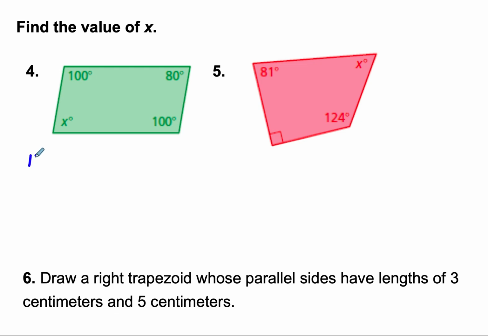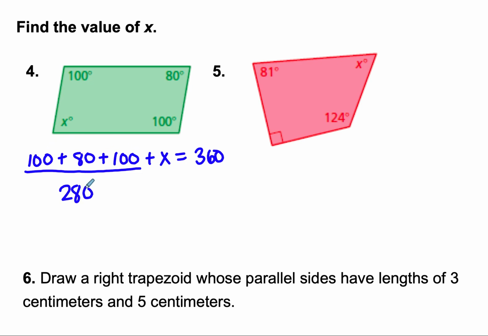So for number 4, I'm going to write out all of the angles here. Plus x, and it's a quadrilateral, so it's going to equal 360. 100 plus 80 plus 100 is 280. Plus x equals 360.